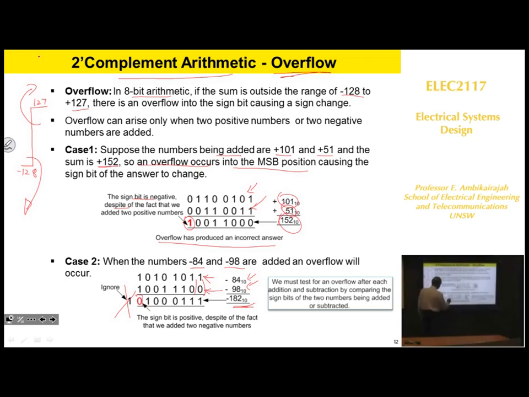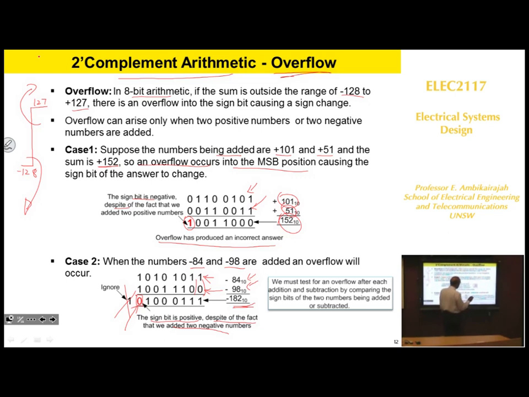Now when you add the two negative numbers, the most significant bit should have been 1 to represent a negative number, but it's 0. So the sign bit is positive, despite the fact that we added two negative numbers. That means an overflow has occurred. It cannot accommodate the range. That's how you check: you keep an eye on the most significant bit.